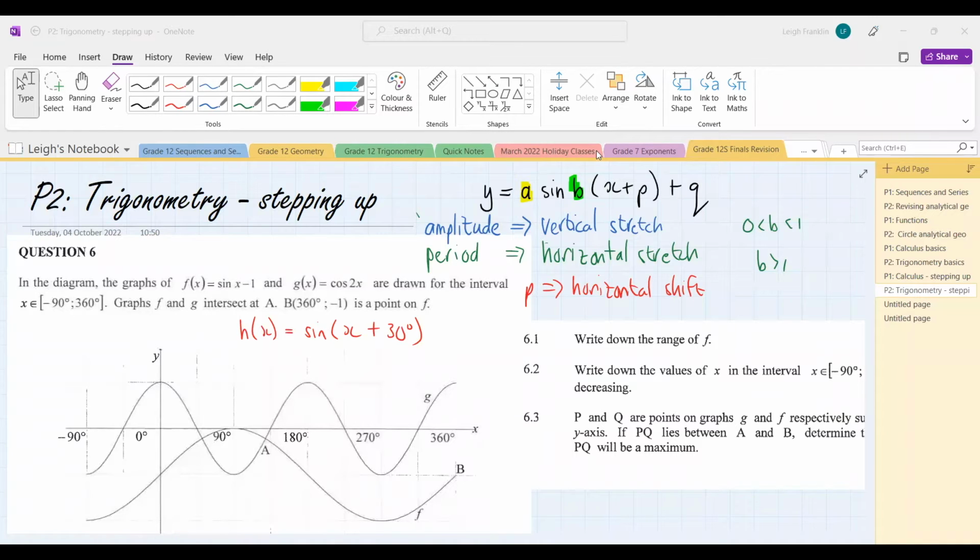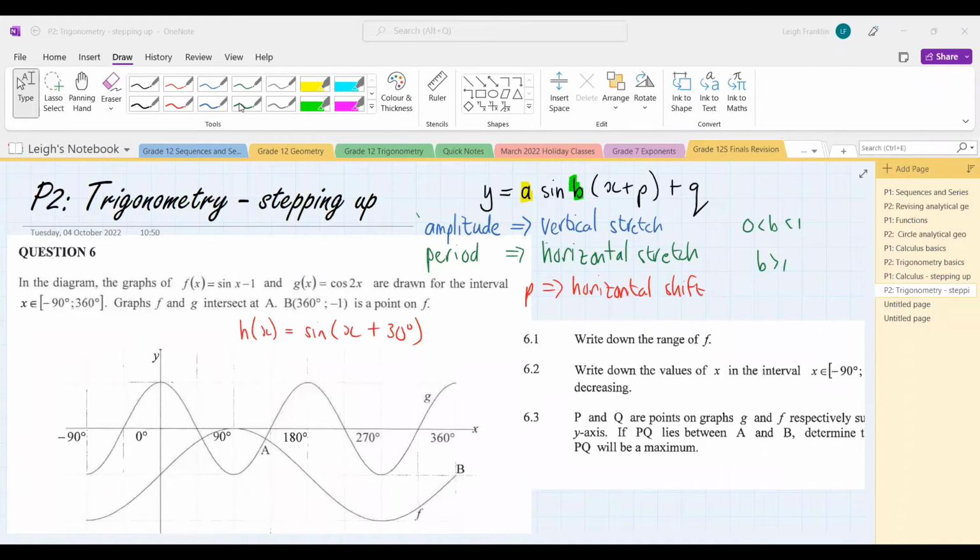To the left, absolutely. Okay, so x plus 30 means it's shifted 30 degrees to the left-hand side. So if it's a plus inside the bracket, the graph has been shifted to the left. If it's a minus inside the brackets, the graph has been shifted to the right-hand side.